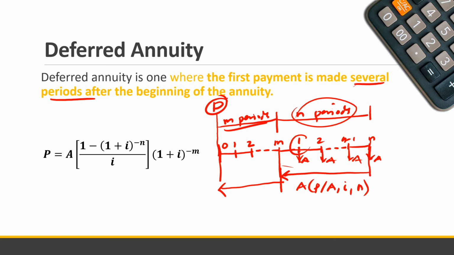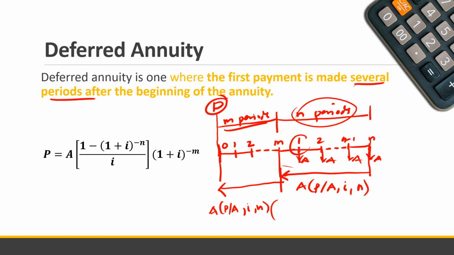So this is simply multiplying the previous equation with the compound interest factor, so the P, A, I, N, and you move it again for M periods.